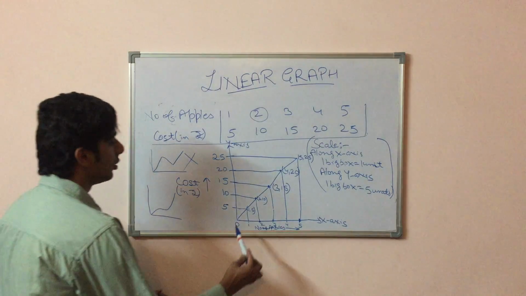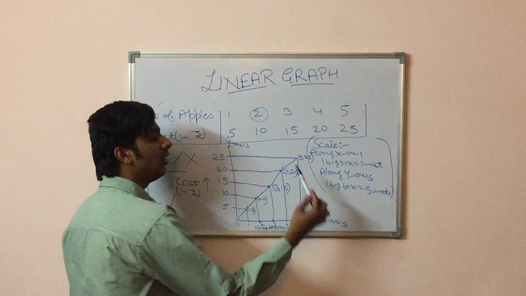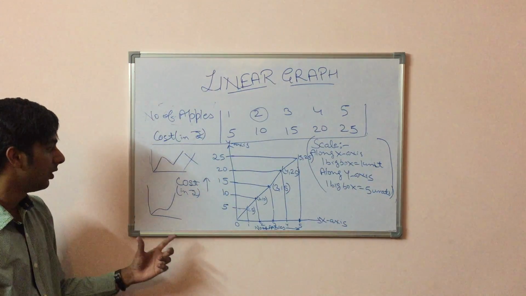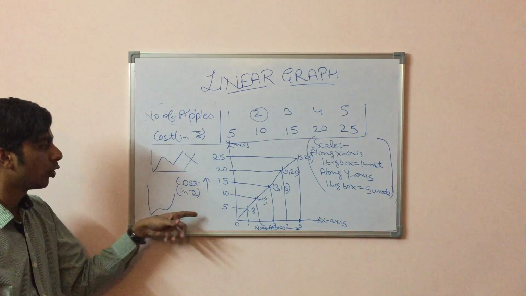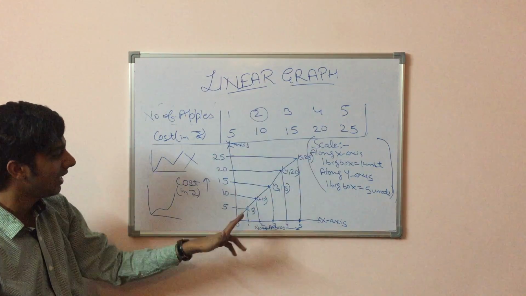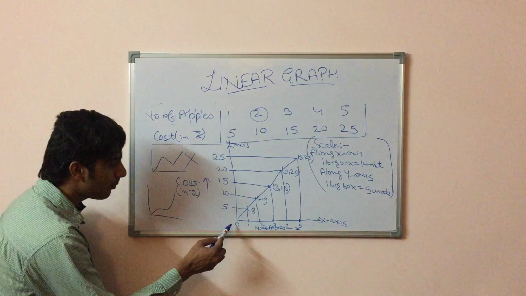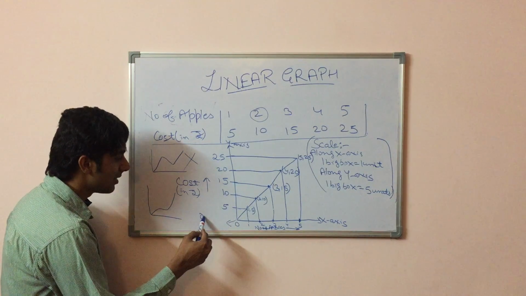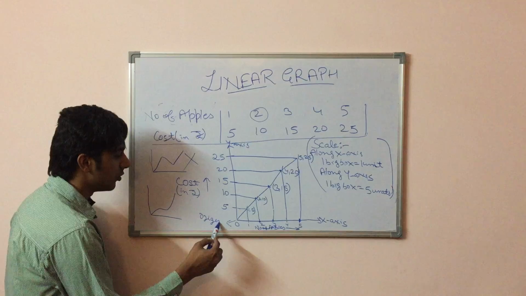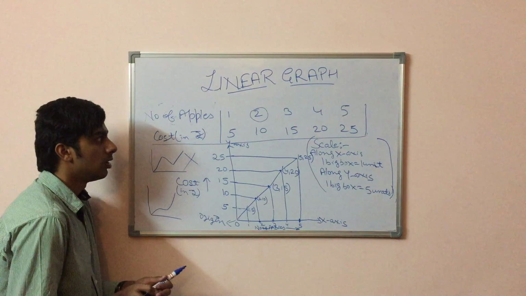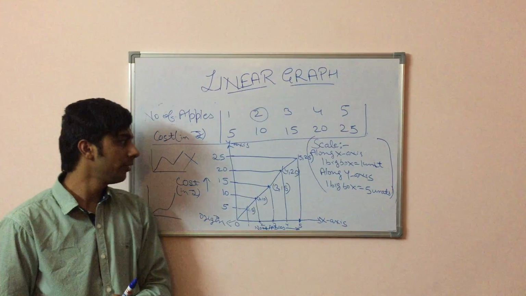These points should be joined consecutively to form a linear graph. It should not go upward or downward. It should be a completely straight line from the origin. This point is called the origin, right? We will be doing one more question on this.